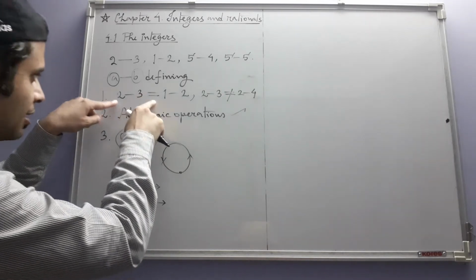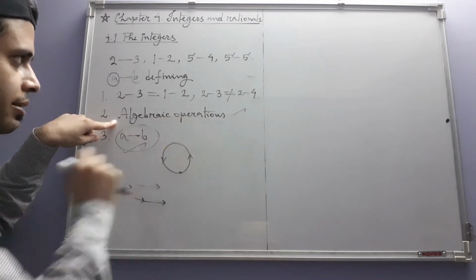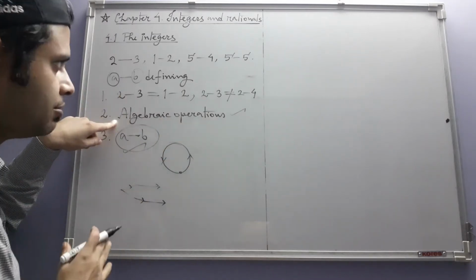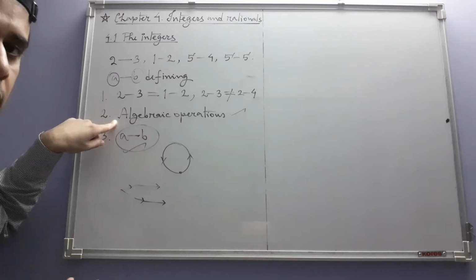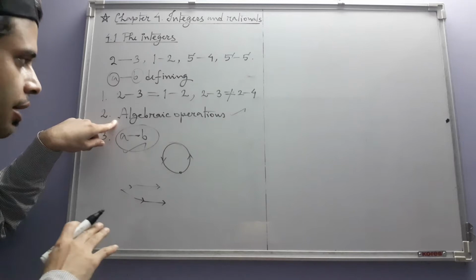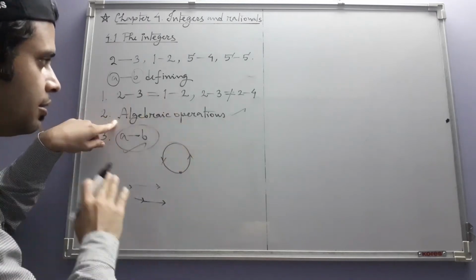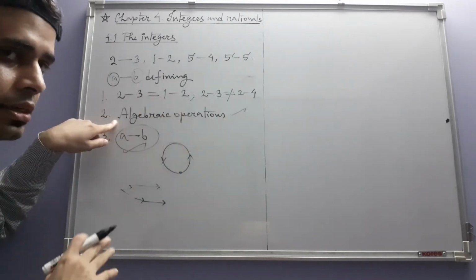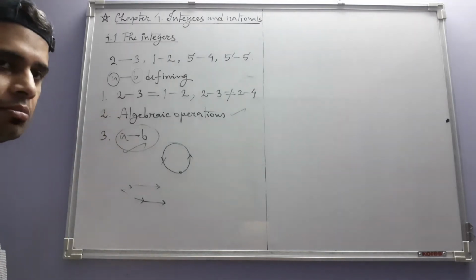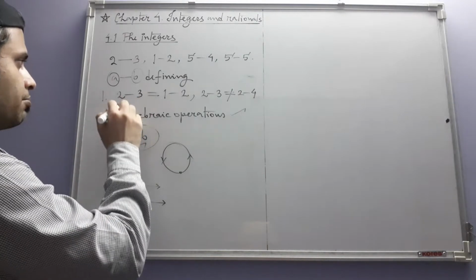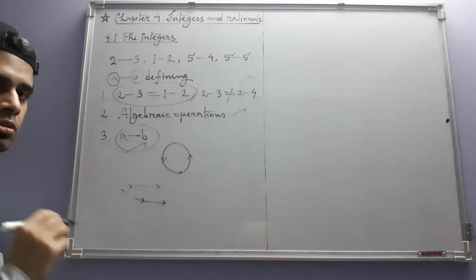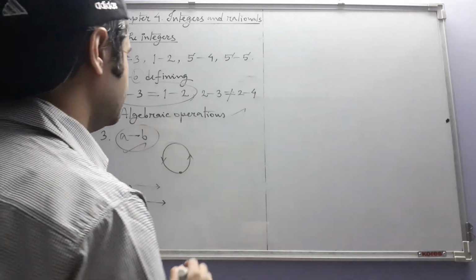Otherwise there is some problem with the logic. Fortunately, the first two problems can be addressed quite easily because we are familiar with integers. We have been using them for so long, and although we know about them informally, our experience with working with integers is so nice that we already know many things about them. So the problem of deciding when two differences are equal can be answered like this.